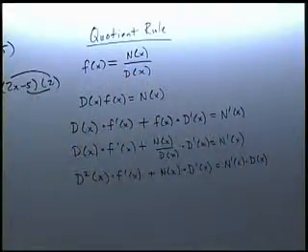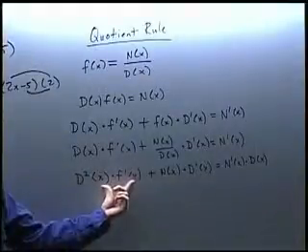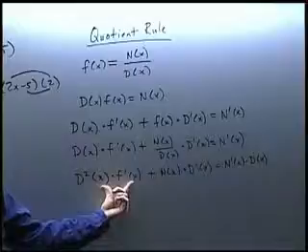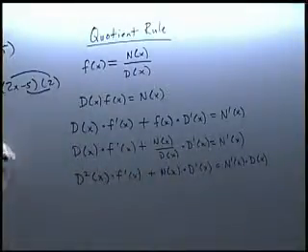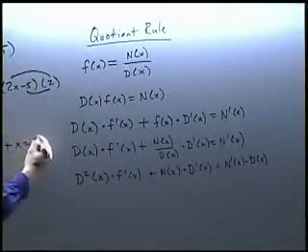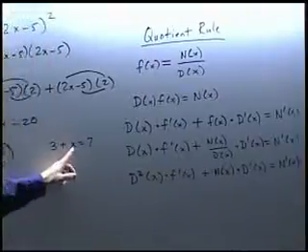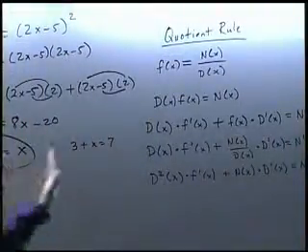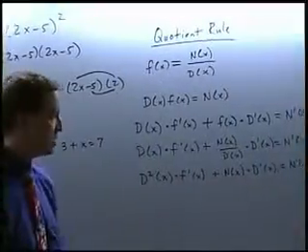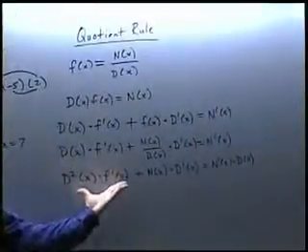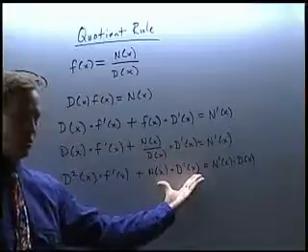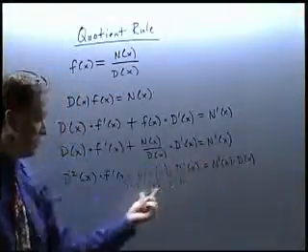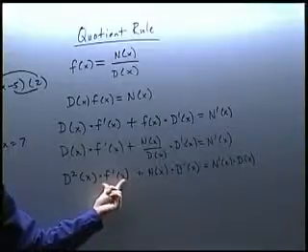Now, what would I do if I want to isolate this term? Just off to the side, what if I had 3 plus x equals 7? How do I isolate the term that I want? I subtract the 3 over to the other side. So what piece do I want to subtract? Do I want to subtract the first one or the second one? Second one, right. I want to subtract this term over to the right side because I want to keep the f prime by itself.